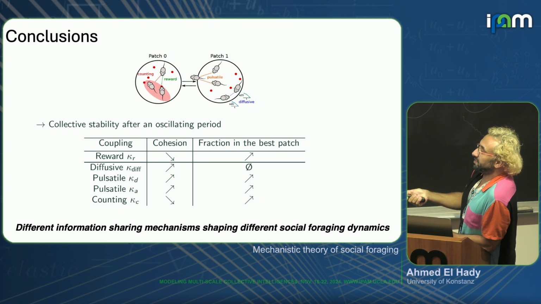The fraction in the best patch increases. The diffusive coupling, we increase the cohesion, and the fraction in the best patch doesn't change. Same holds for the pulsatile coupling.